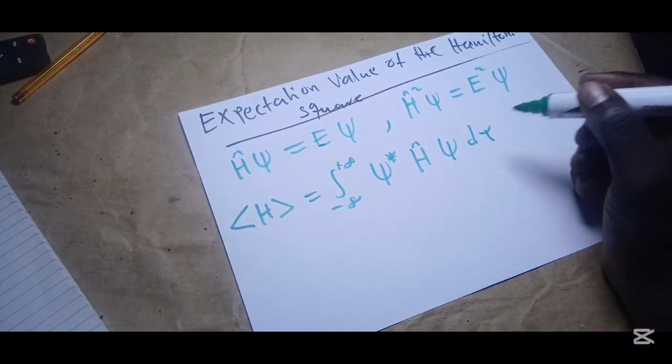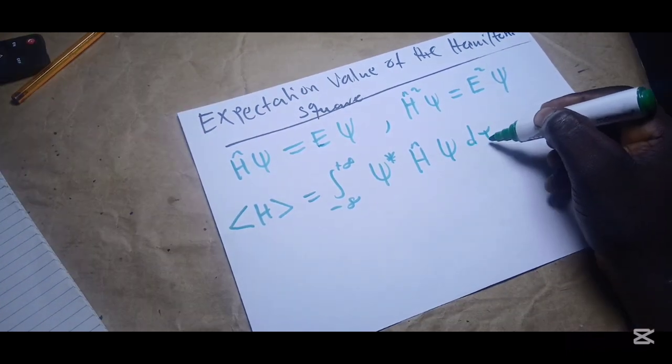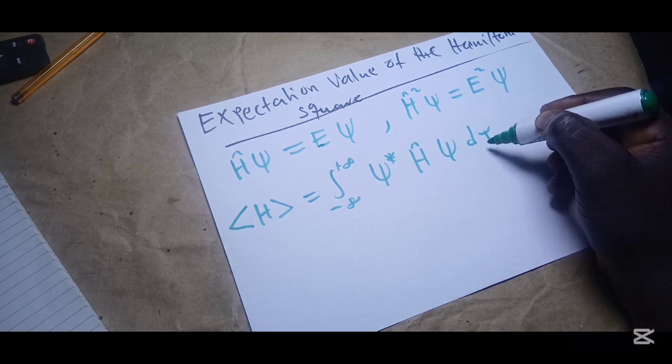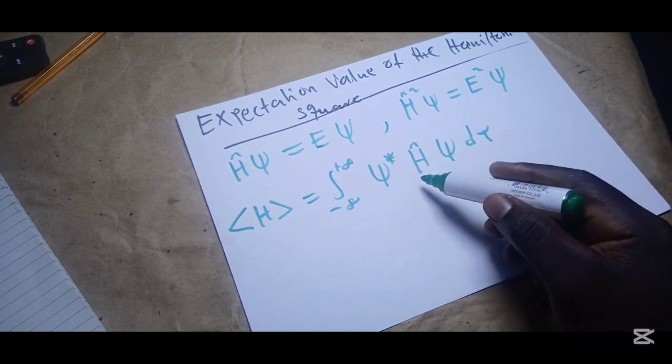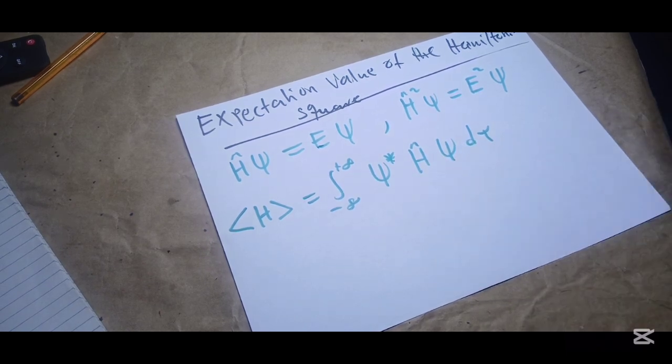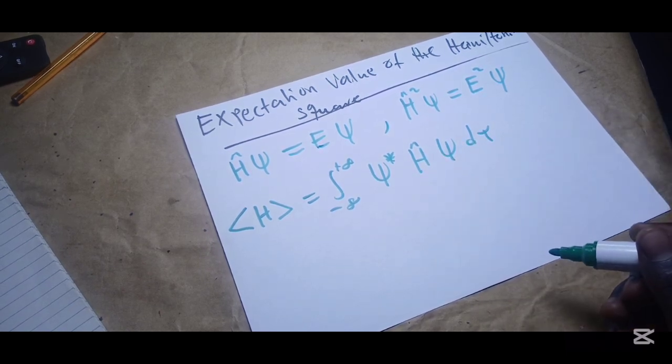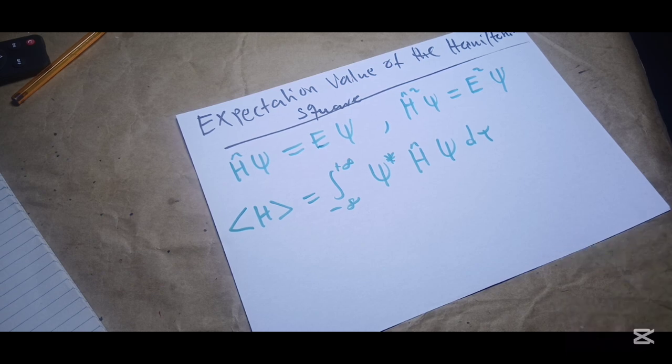If the wave function is in terms of x, then this becomes dx. In terms of x and y, it becomes dx dy. We proved this in our previous video. You can feel free to check out the playlist.